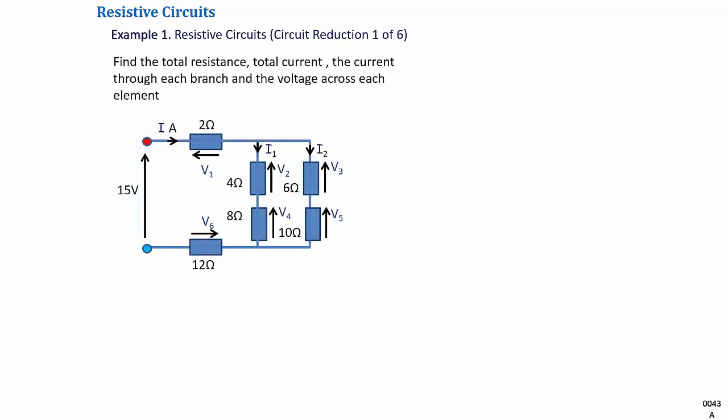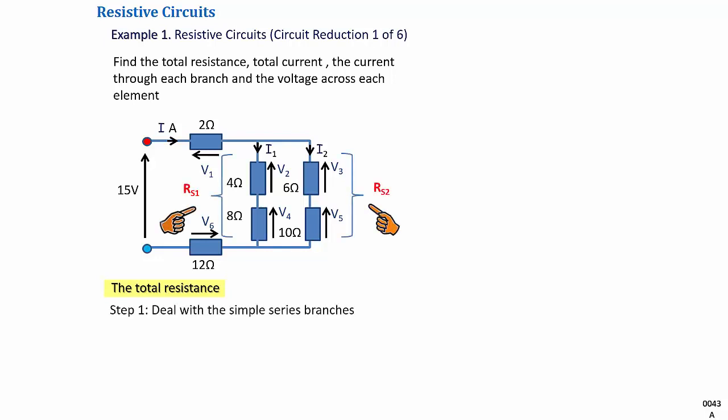The following example is in the accompanying workbook, Resistive Circuits, Circuit Reduction Techniques. Here we are required to determine the total circuit resistance, the total circuit current, the current through each branch, and finally the voltage across each element. To find the total circuit resistance, Rt, using the key reduction steps.